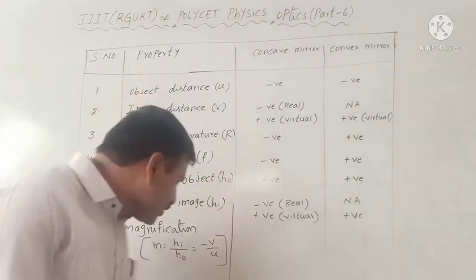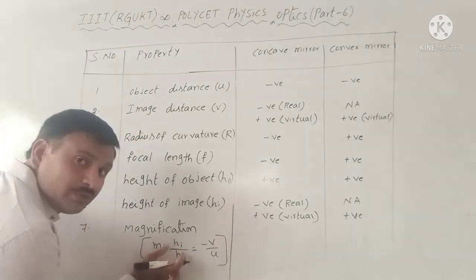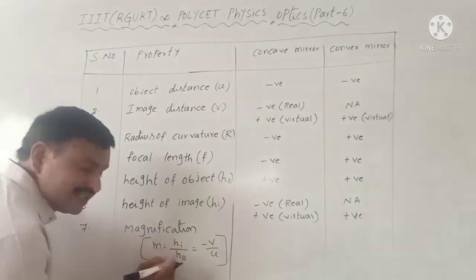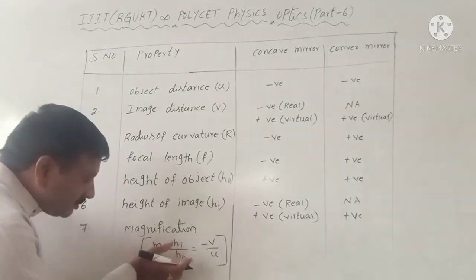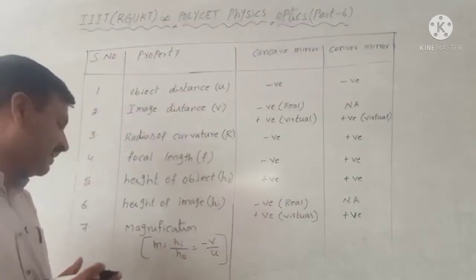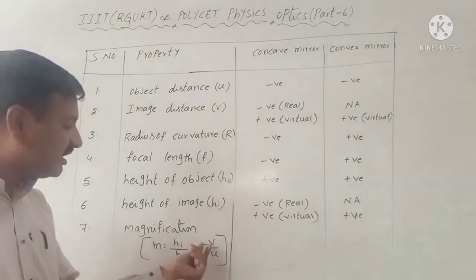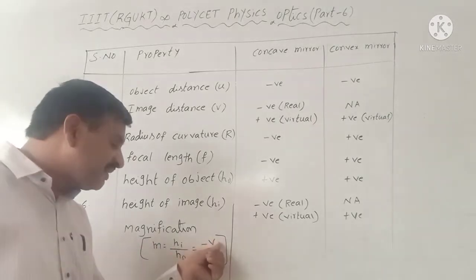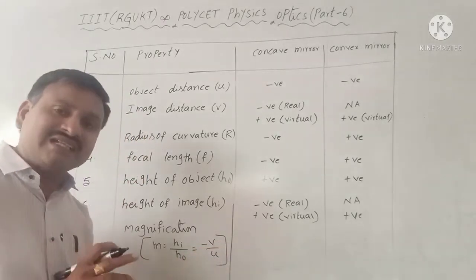Magnification means the ratio between height of image and height of object. HI is height of image and HO is height of object. So magnification M equals HI by HO, that equals minus V by U, where V is the image distance and U is the object distance.